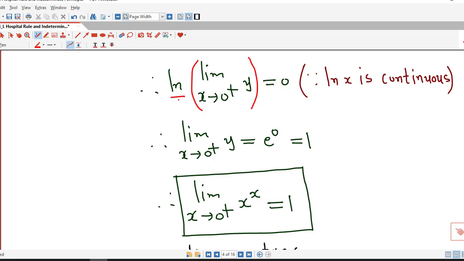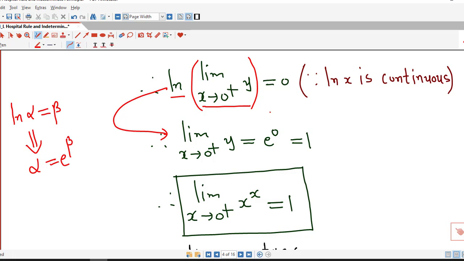Here we are using the property that if ln alpha is beta, this implies alpha equals e raised to beta. So using that property, we have written this step. Log of limit y equals 0, therefore limit of y is e to the power 0, and e to the power 0 is 1, and we put y equal to x to the power x.